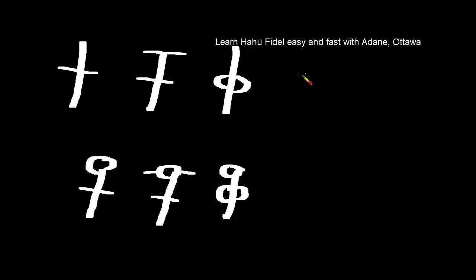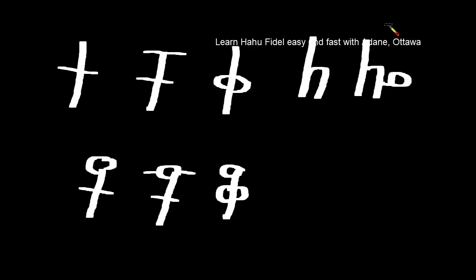So for the two-legged Hahu Fidels, all of them have the same ending. La becomes the last. Oh, I'm sorry. Yeah, that's a good example actually. La is different. La, lo is like this, and ha is different too. Ha, ho becomes o. So remember this one.